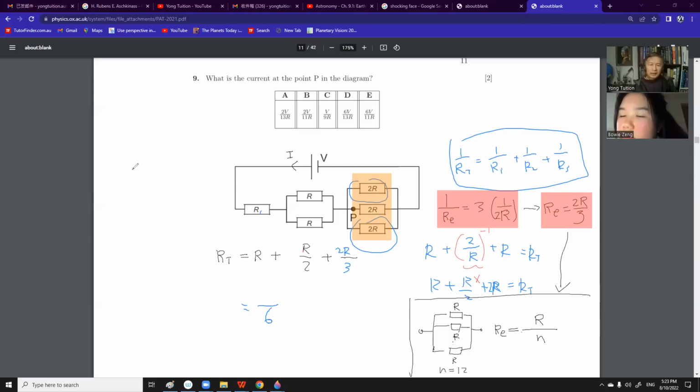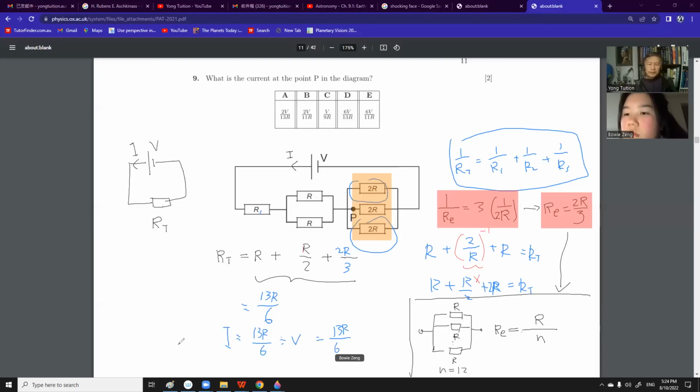In other words, we can use a single resistor whose value is the sum of these three to calculate the current in this DC circuit. This is V, what is I? Perhaps we can start from Ohm's law, right?